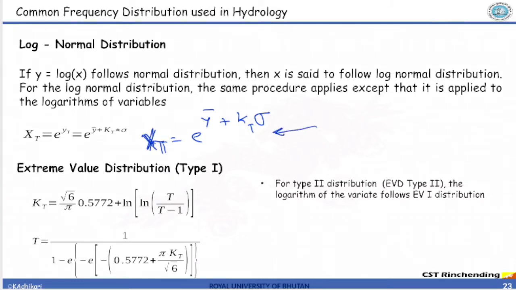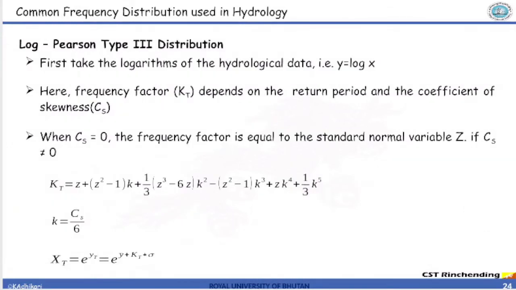Likewise, there are other distributions like the extreme value distributions. The extreme value distribution has three types: type 1, type 2 and type 3. For such distributions, the Kt value, or the frequency factor, is calculated in this form. There is another distribution, the Pearson distribution.